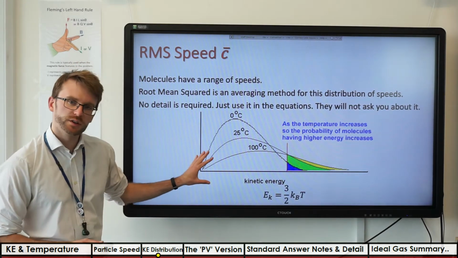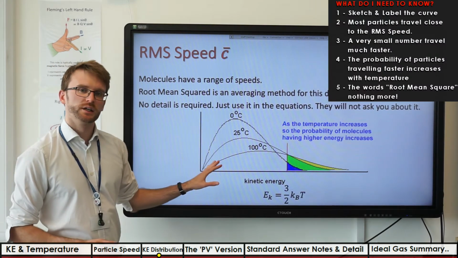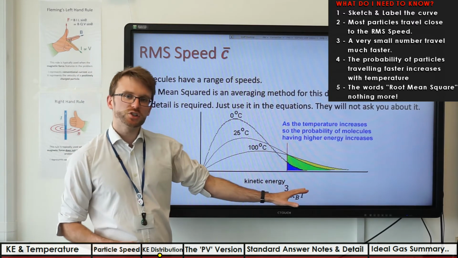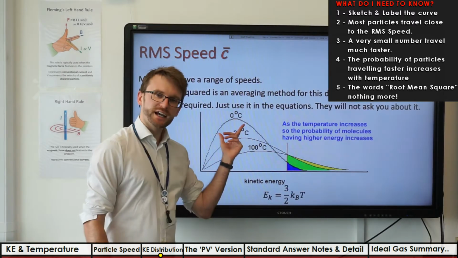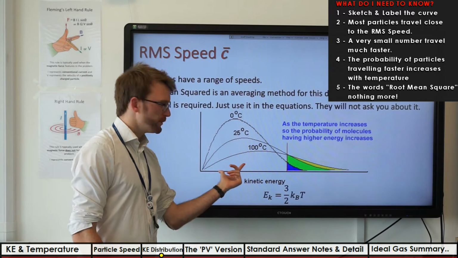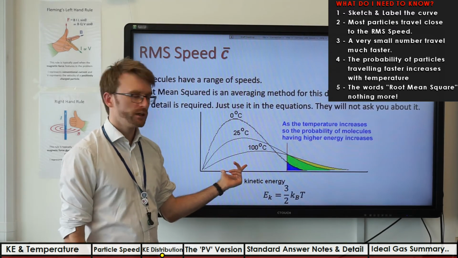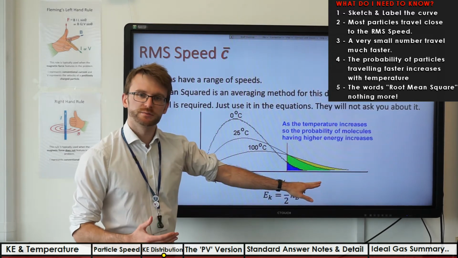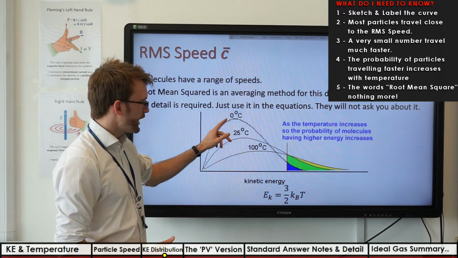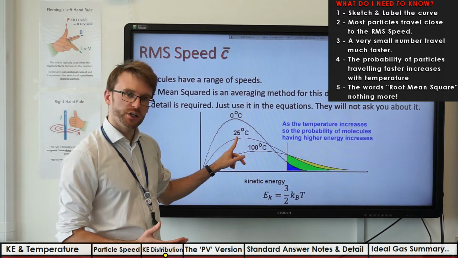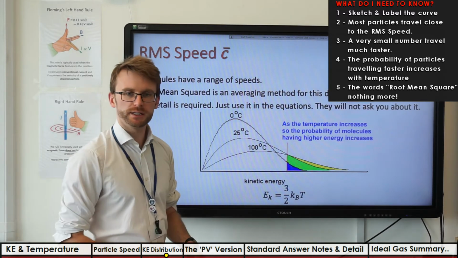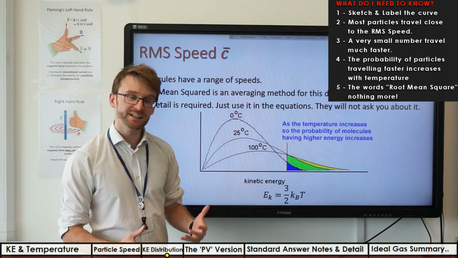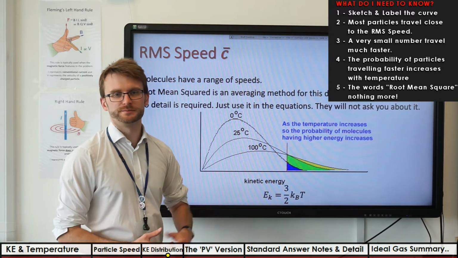This distribution, the Maxwell-Boltzmann distribution, you need to know how to sketch it and be aware of it. We tend to get more molecules down here at lower speeds, but it doesn't mean that molecules can't travel very fast. At an increasing temperature, more molecules move at higher speeds. However, again, that distribution is not even.